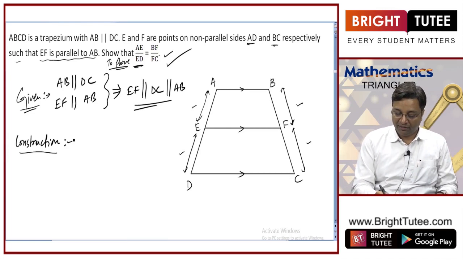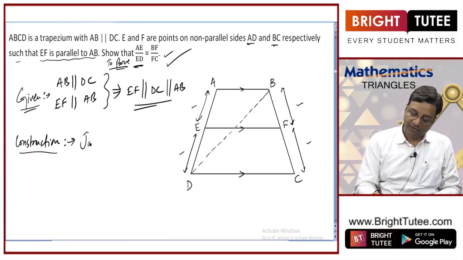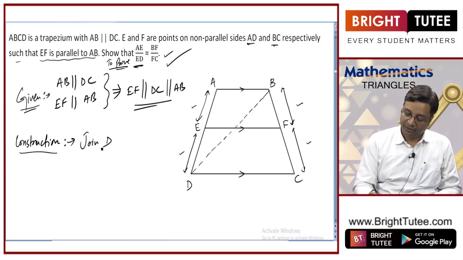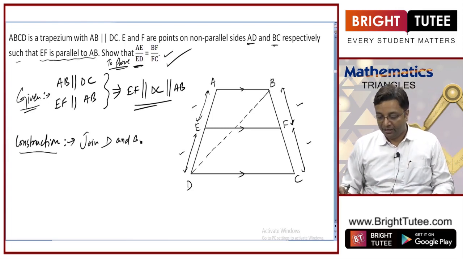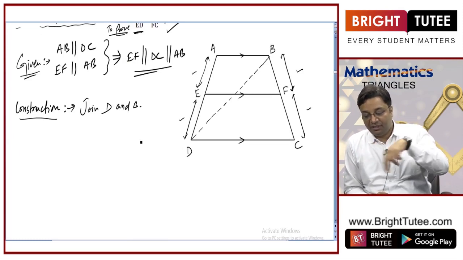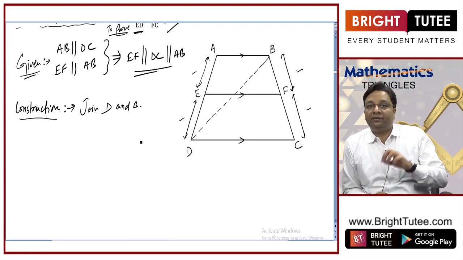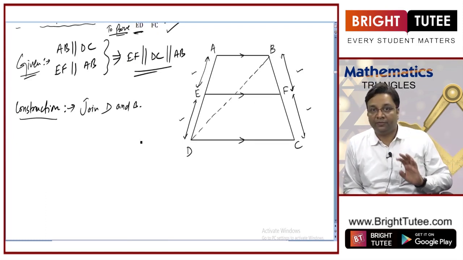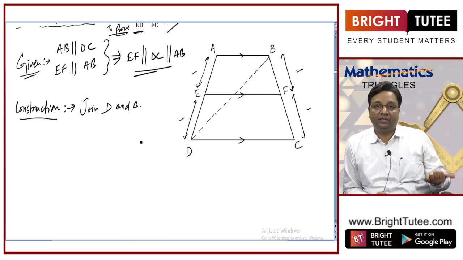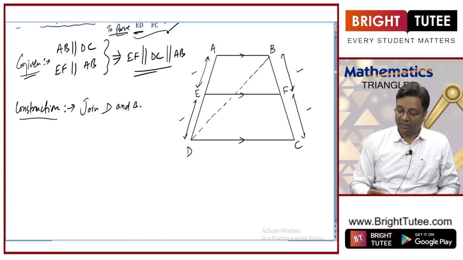So the construction that we are going to do here is, we will join B and D. Now once you join D and B, why did I join this? Because this will convert this trapezium into two different triangles, right? And for the triangles we have done the basic proportionality theorem. So I am going to utilize that knowledge to prove this result.